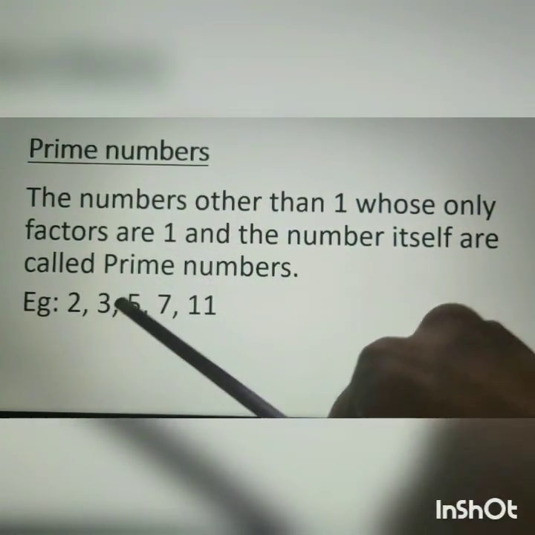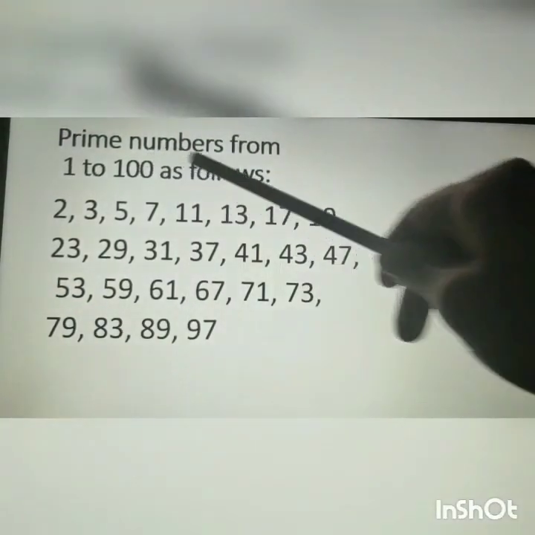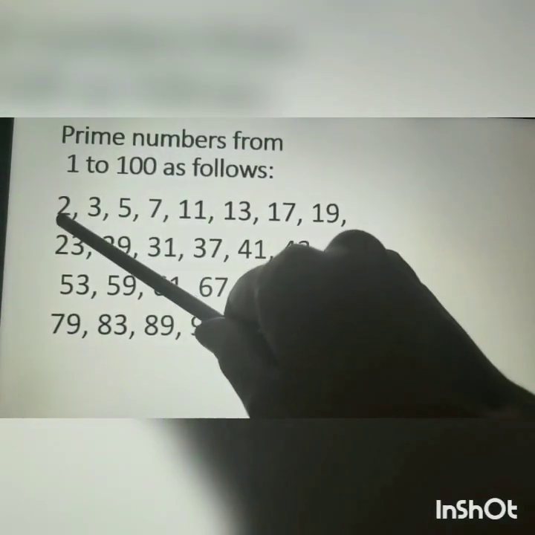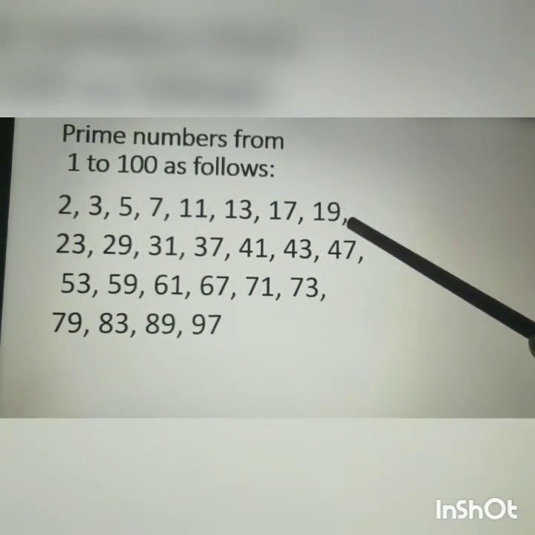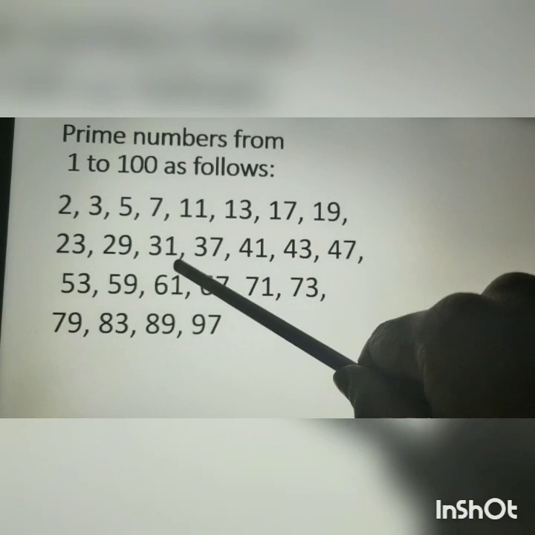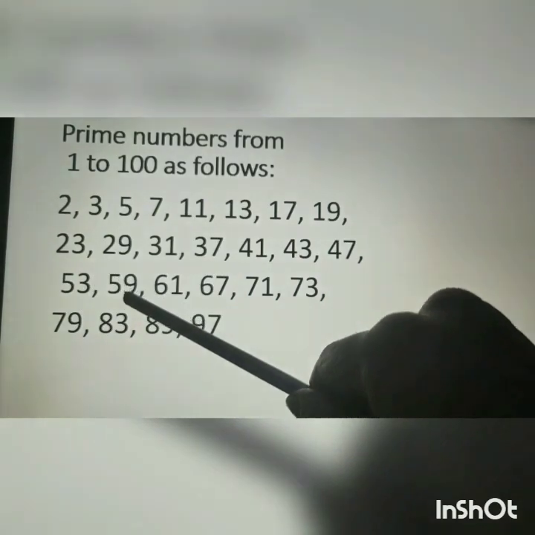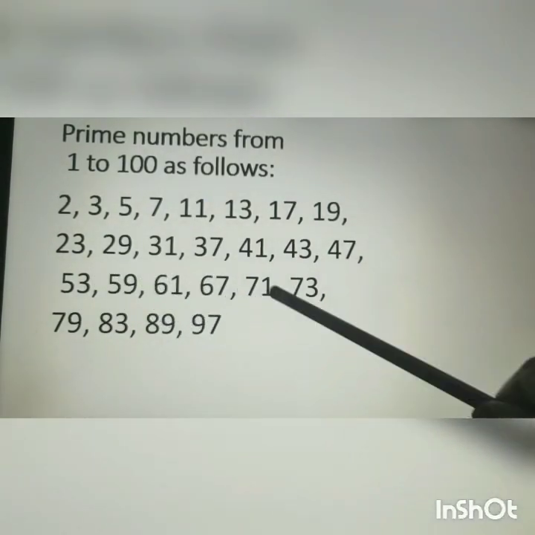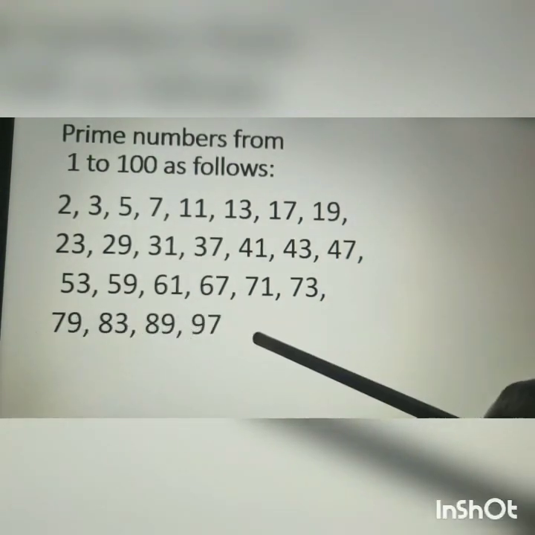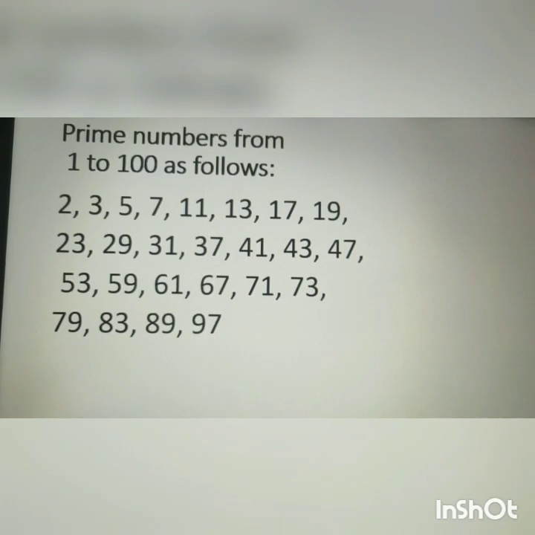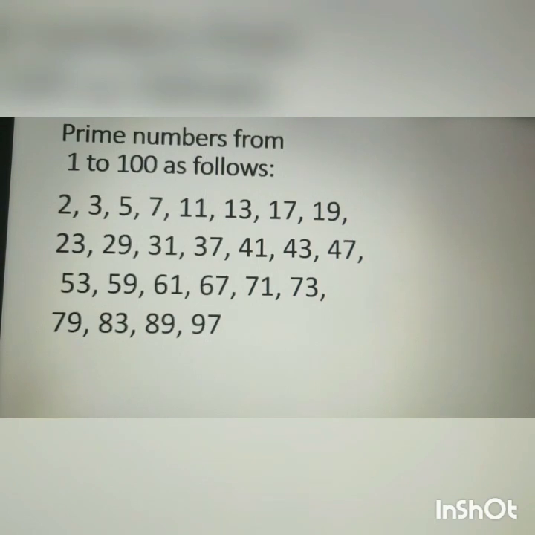Example 2, 3, 5, 7, 11, etc. Prime numbers from 1 to 100 are as follows: 2, 3, 5, 7, 11, 13, 17, 19, 23, 29, 31, 37, 41, 43, 47, 53, 59, 61, 67, 71, 73, 79, 83, 89 and 97. These numbers have only two factors, 1 and the number itself. So they are prime numbers.